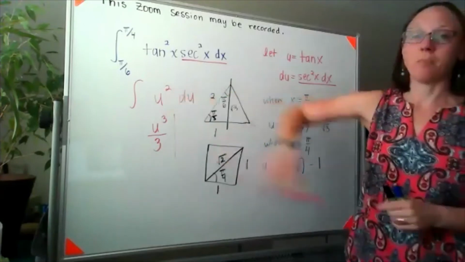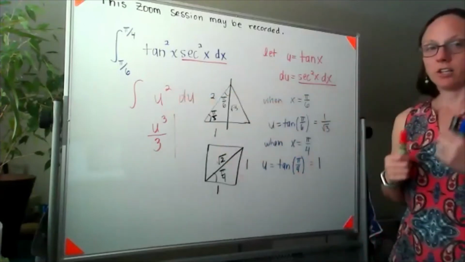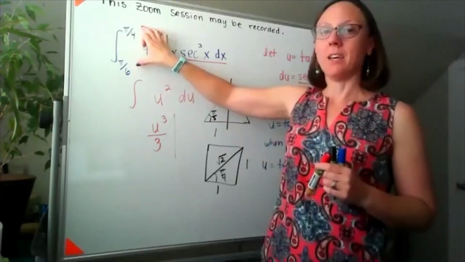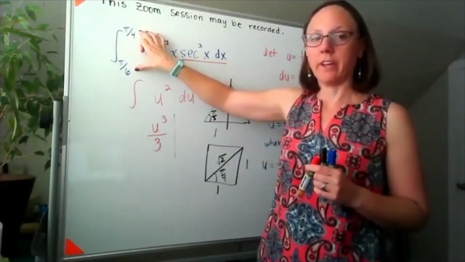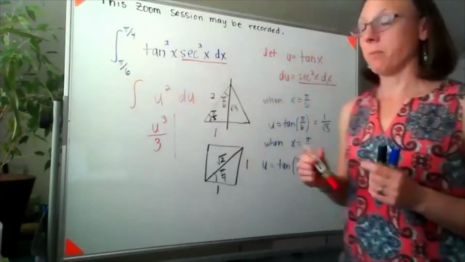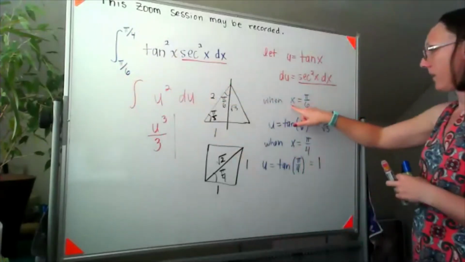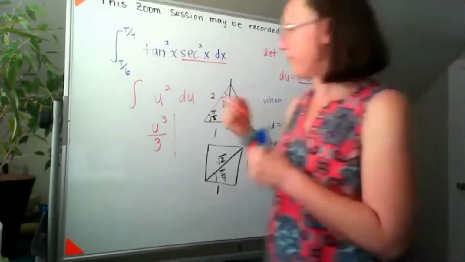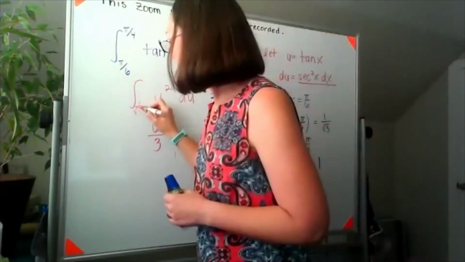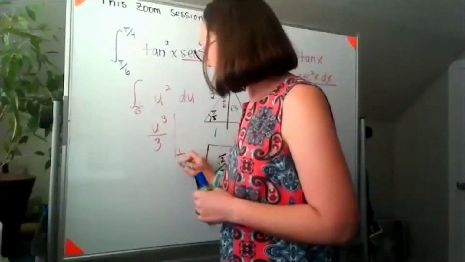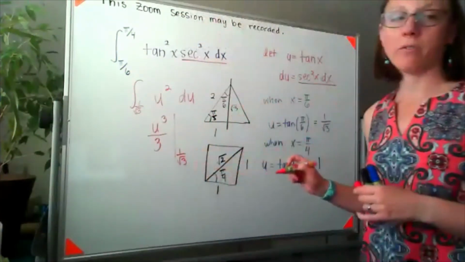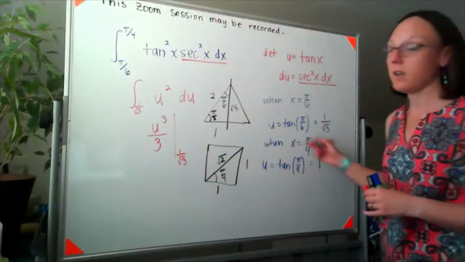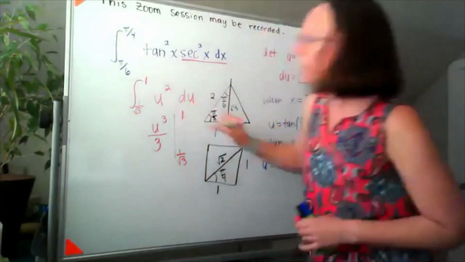When I translate back to our u substitution, again, I have to keep the pieces in the place that they were in the original integral. Since pi over 6 was at the bottom, my 1 over square root of 3 goes on the bottom. And since pi over 4 was at the top, my tangent of pi over 4 being equal to 1, that's what goes at the top.